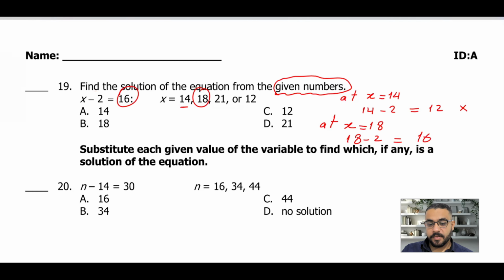When I replace x by 18, I got the right-hand side as the right answer. So that's the answer. x must be 18 by substitution.